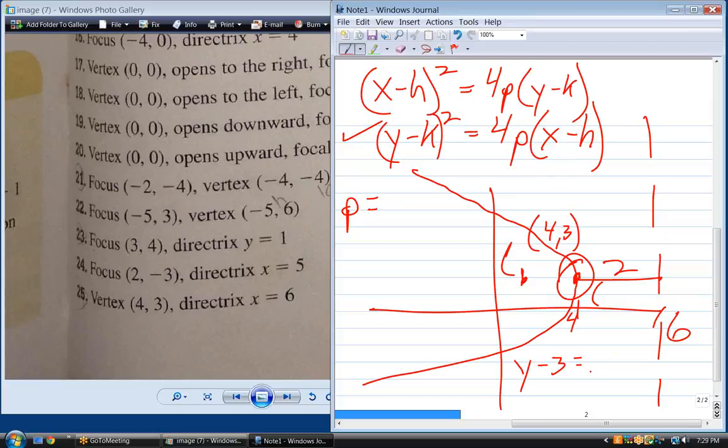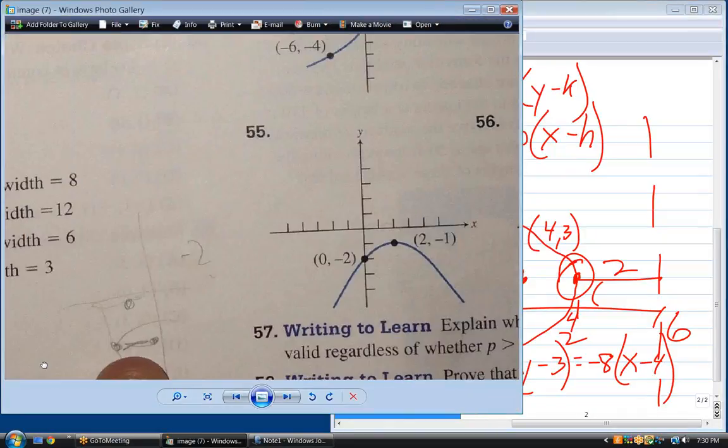So P is -2, so I get -8 times x minus 4. And this one here is squared. I'm sorry, I didn't see that word vertex. I was thinking it was focus. No, it's okay. What next?